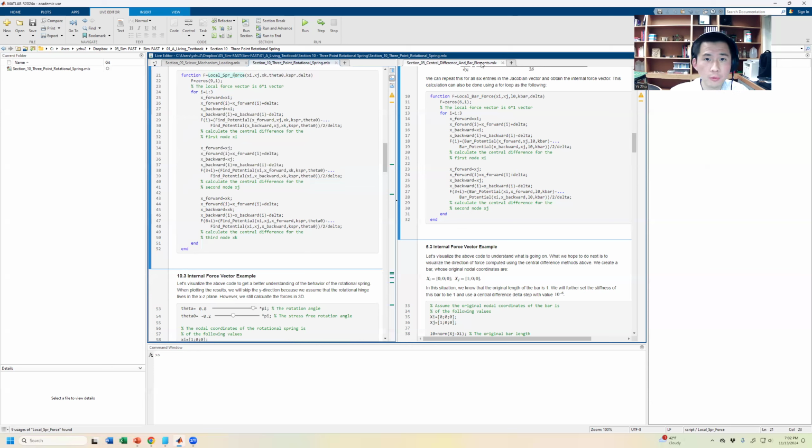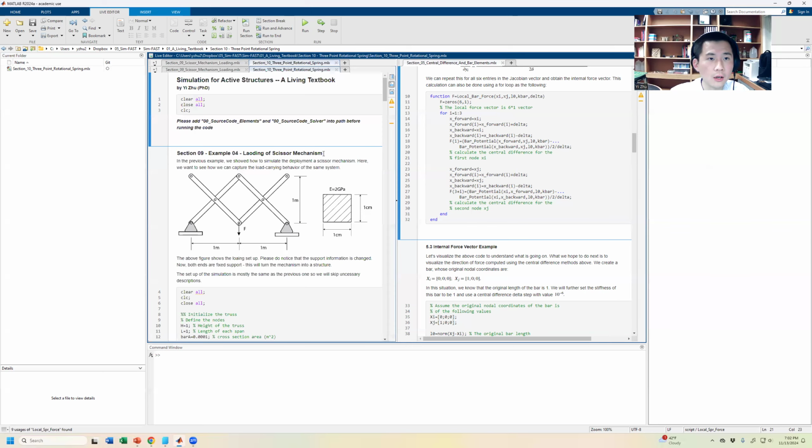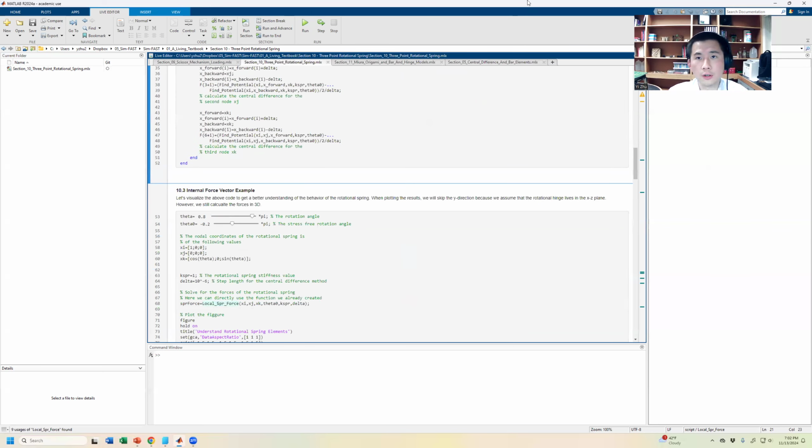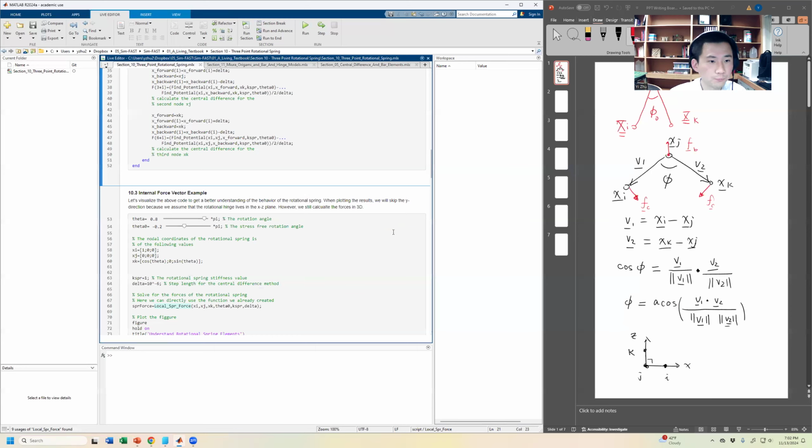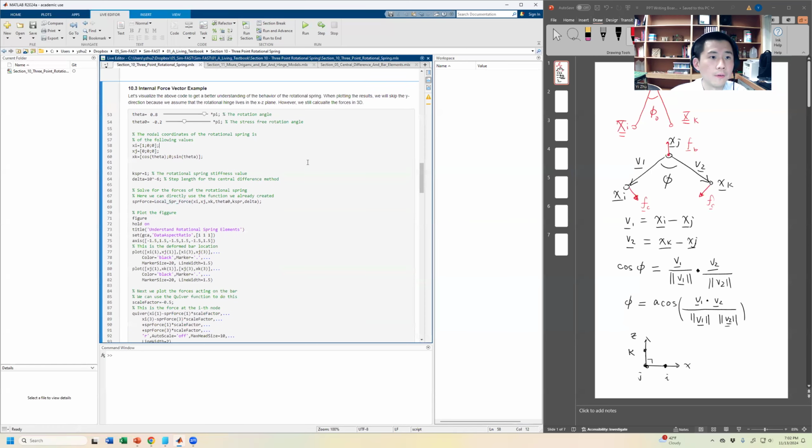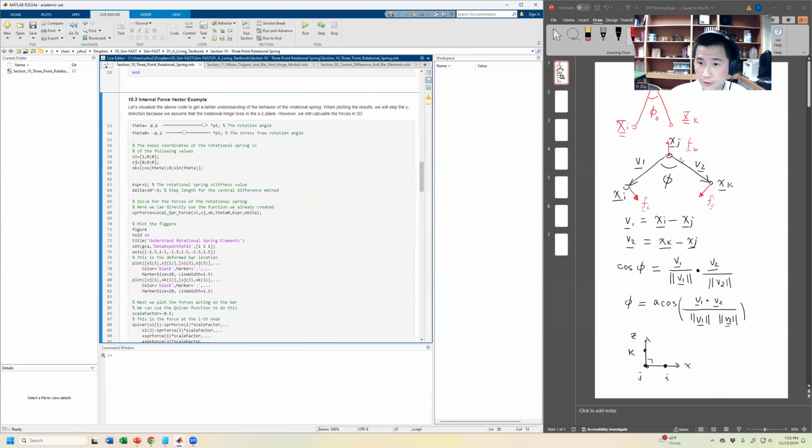So the next thing we hope to do is to start playing around a little bit to visualize the internal forces and try to understand what's going on there.